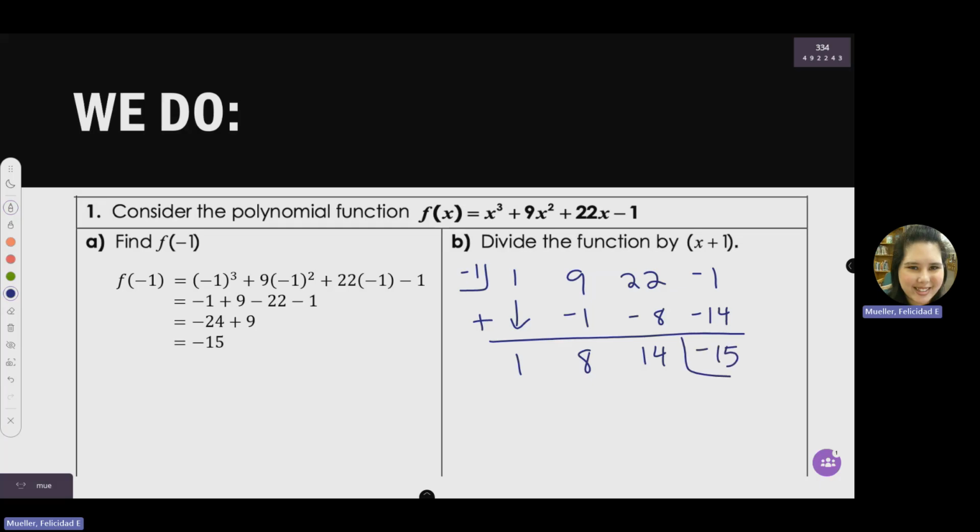And you should notice that if we did it this way, your answer is the same as the remainder. So it's very useful, actually.